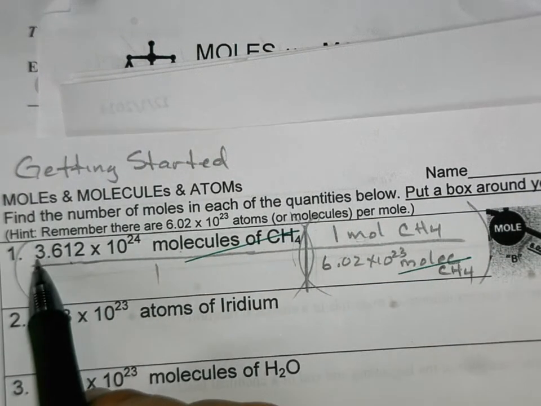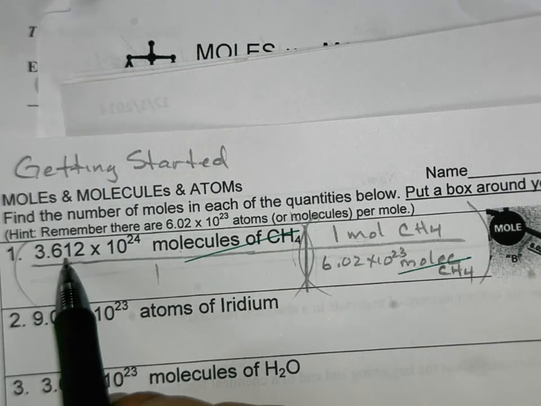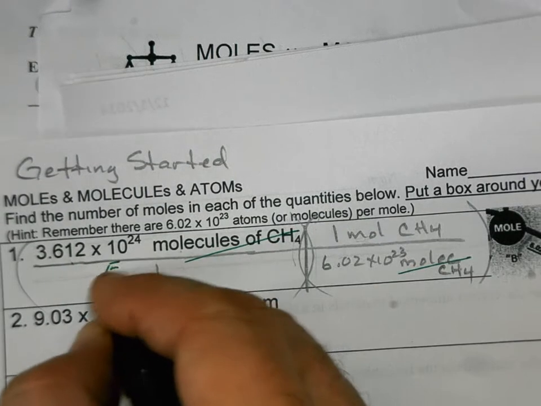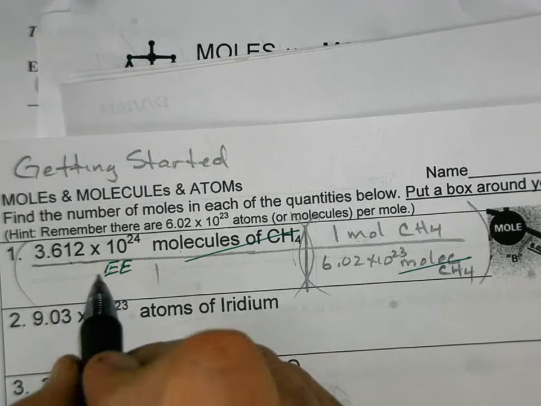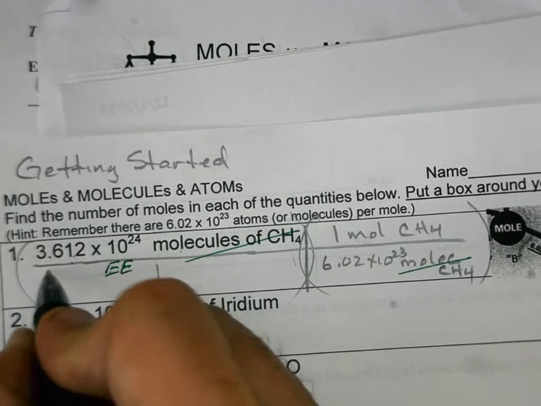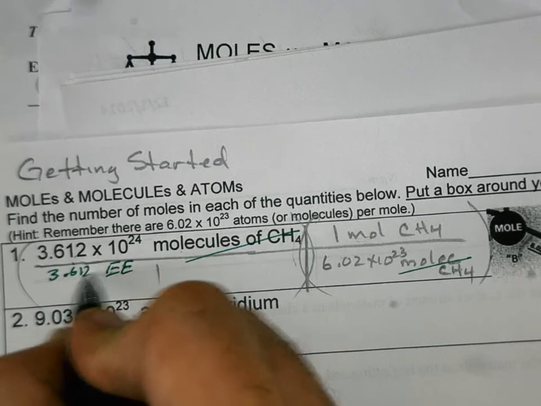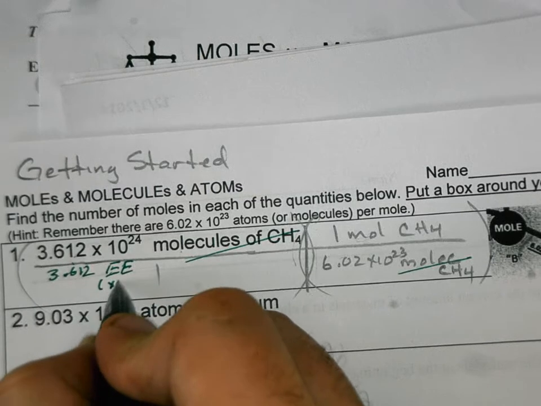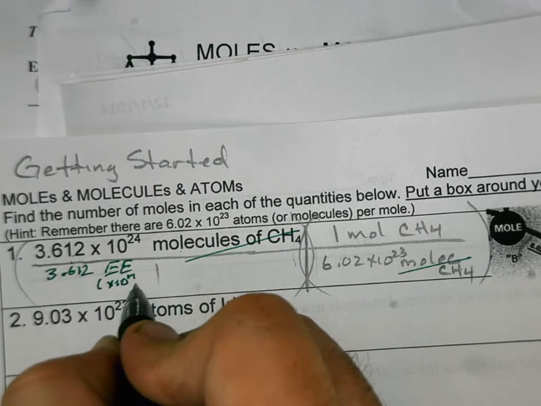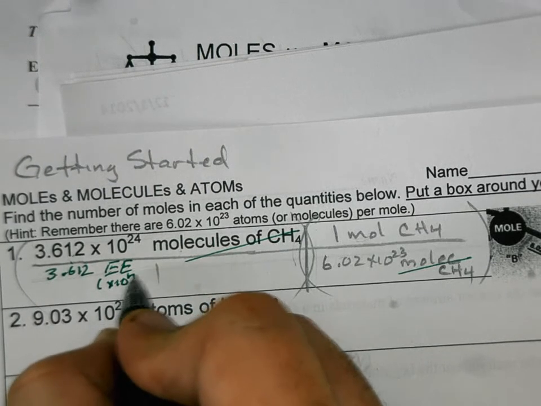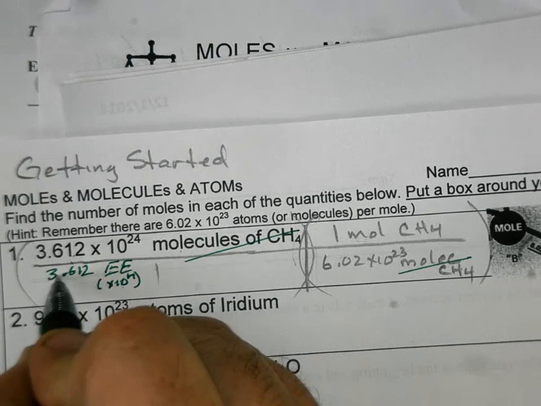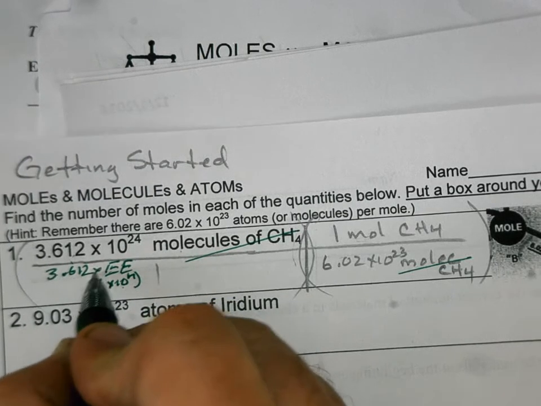To get our answer, you'll enter in your calculator 3.612. If you have that EE function, you do not do times EE, you will just enter 3.612 EE. A few of you have a button that's times 10 to the N, or sometimes times 10 to the X. You can use that, but don't put times.